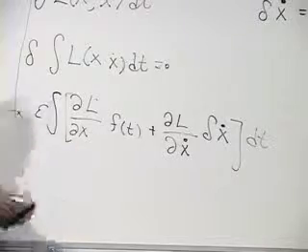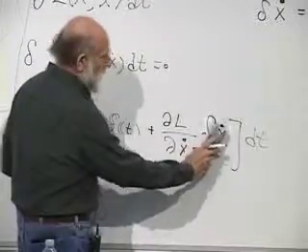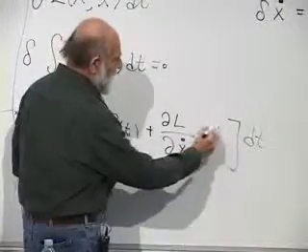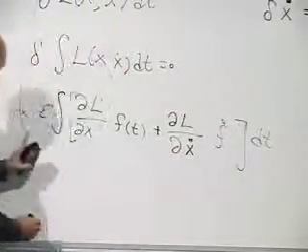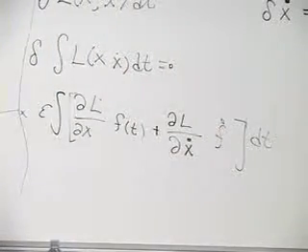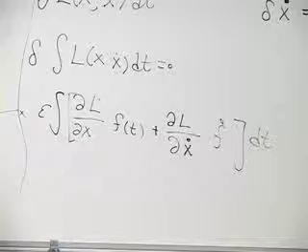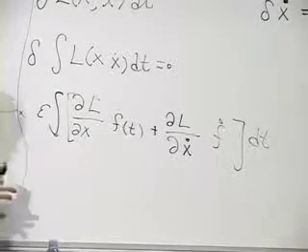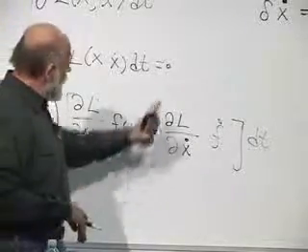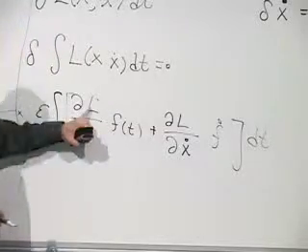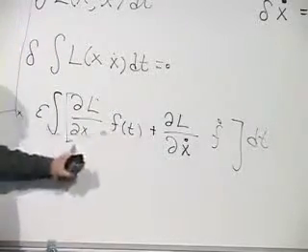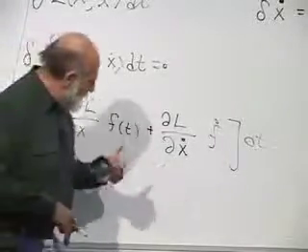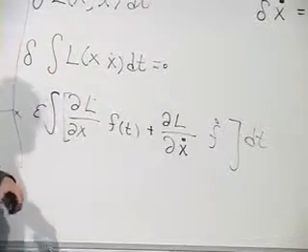Delta of x dot is just epsilon f dot. Epsilon is already outside here. Any question about this formula thus far? It's just a simple formula that the change in the action is gotten by varying the Lagrangian a little bit, by varying x, and by varying x dot. Now, what's the next step? Anybody remember?